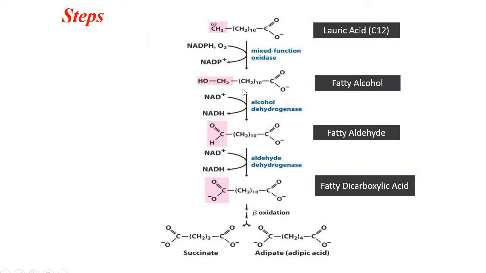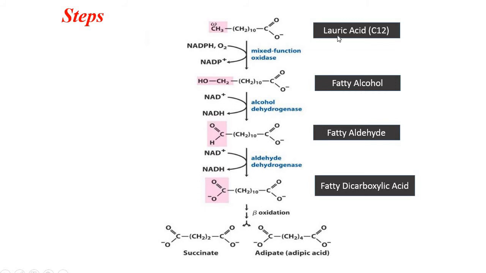Now there is the involvement of two more enzymes, that is, alcohol dehydrogenase and aldehyde dehydrogenase. The alcohol dehydrogenase oxidizes the hydroxyl group into an aldehyde group, and the aldehyde dehydrogenase oxidizes the aldehyde group to the carboxylic acid, producing a fatty acid with a carboxyl group at each end.